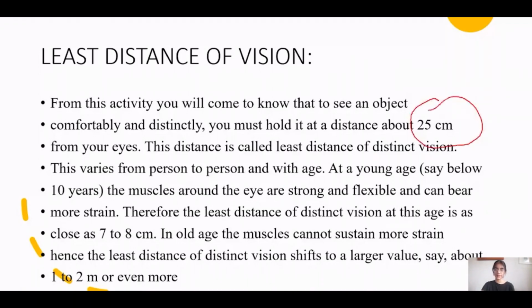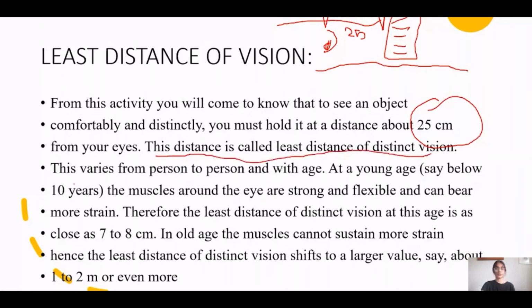When you measure the distance from the activity that we just did, you will see that any object that you are holding in front of you should be at least 25 centimeters from your eye. This is your eye, this is the book, and this should be 25 centimeters. This distance is called least distance of vision.